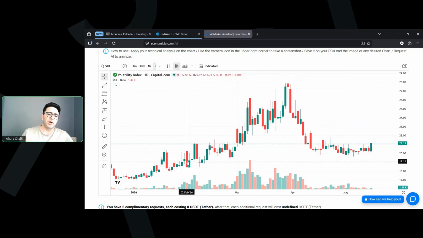The market was pricing that the war was going to start. That's why you can see here that the market risk started slowly rising from 15 in January. And on February 28, when the Iran war started, the market was already at 21. Later, with the war escalating further, the market jumped up to 27.90.